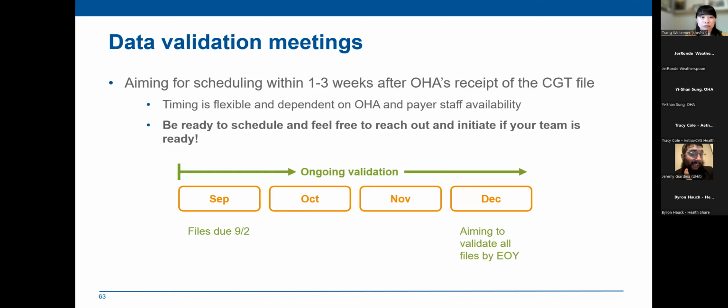I will start reaching out to people maybe late July in August, so we can get meeting holds on everybody's calendars. As we've said before, files are due early September. We're hoping to have validation meetings throughout the fall, the rest of the year, and fingers crossed, aiming to validate all our 30+ files by end of the year.